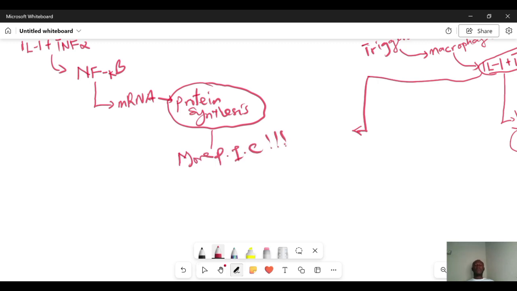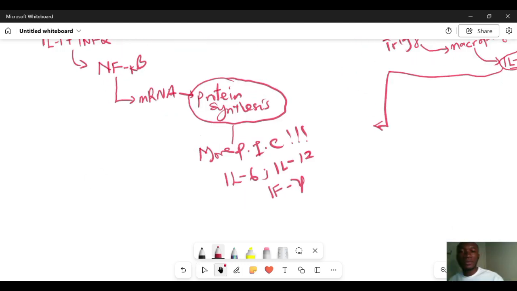Now, new pro-inflammatory cytokines come on board, and we are looking at interleukin 6, interleukin 12, and interferon gamma. So this is what happens.